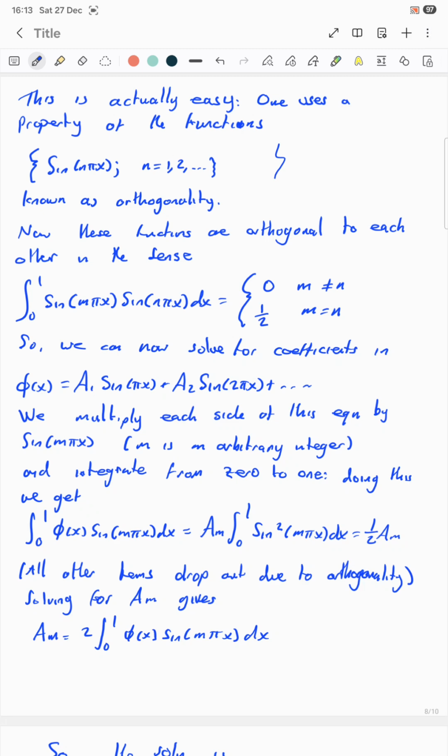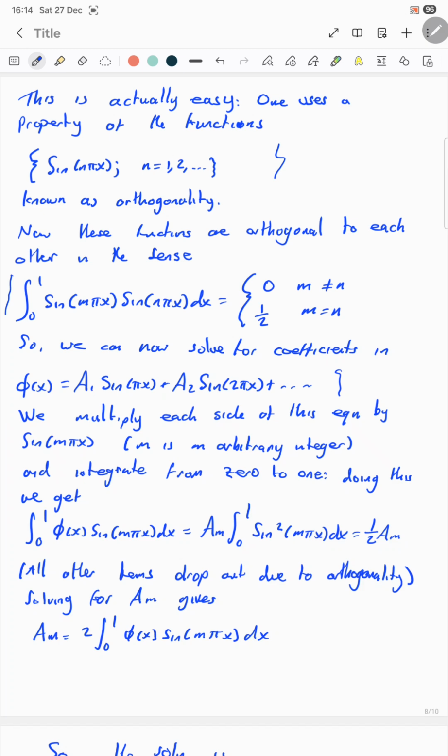These functions are orthogonal to each other in the sense that the integral from 0 to 1 of sine m pi x and sine n pi x dx equals 0 if m does not equal n, and 1/2 if m equals n.